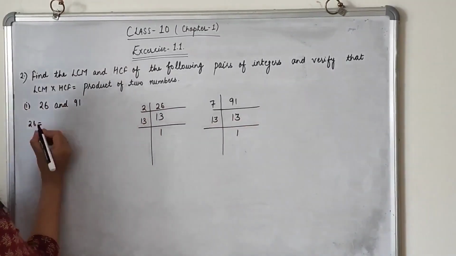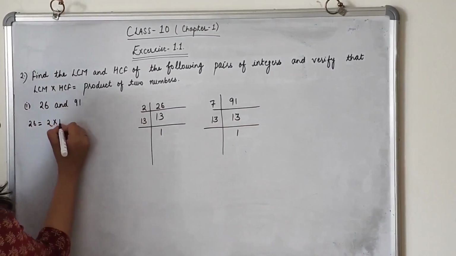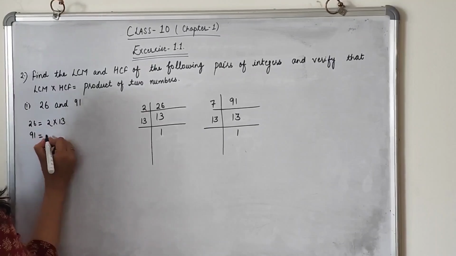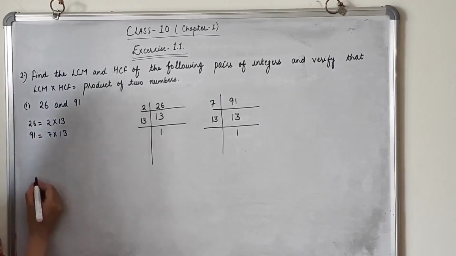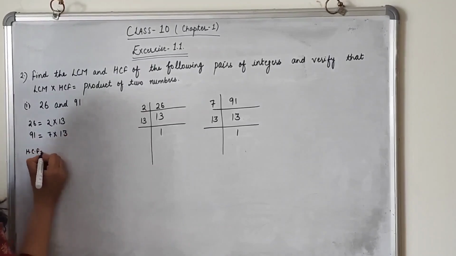So what are the prime factors of 26? 2 into 13, and 91 is equal to 7 into 13. So what is the HCF?